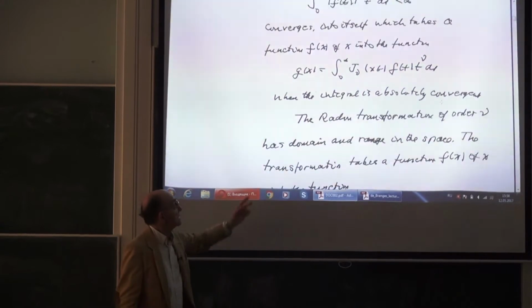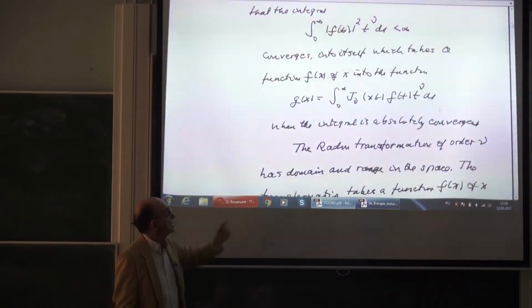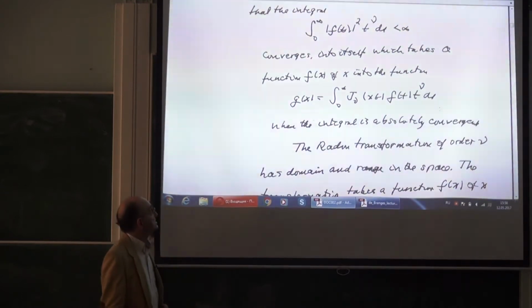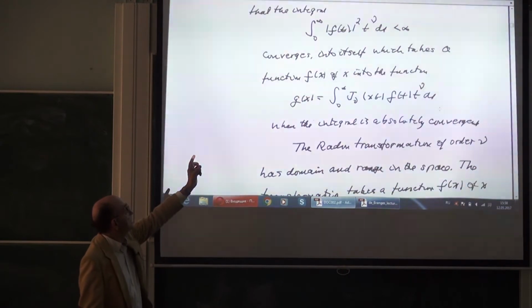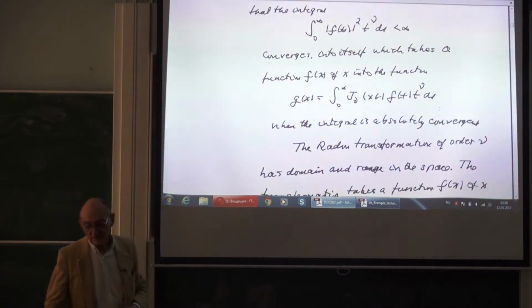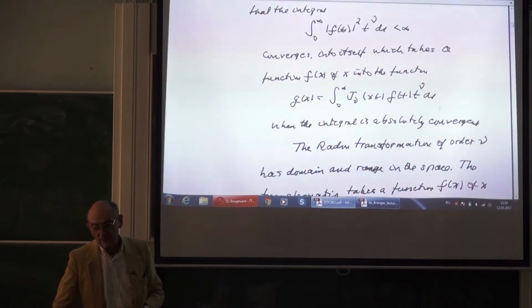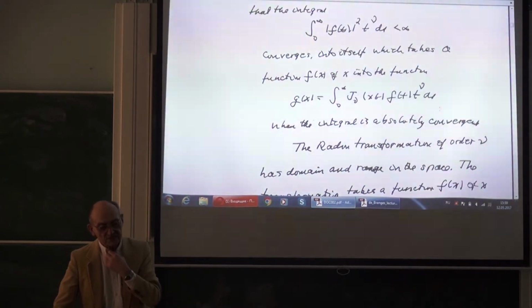Okay, I want to go back. We want to stop at that last formula. What I didn't write here, but it's written in words at the top of the page, you see that the integral square of the function f of t is square integrable when you put a factor of t to the nu in there. In my notation, the classical notation tries to keep Lebesgue measure as the measure, and that really is a terrible mistake.